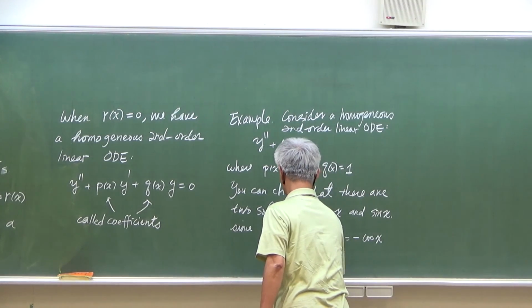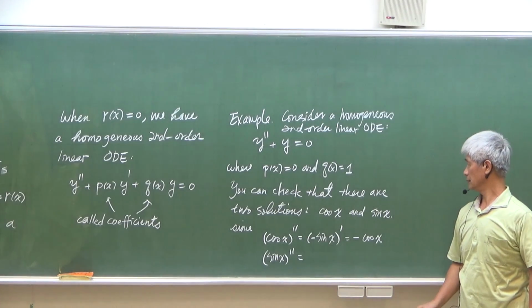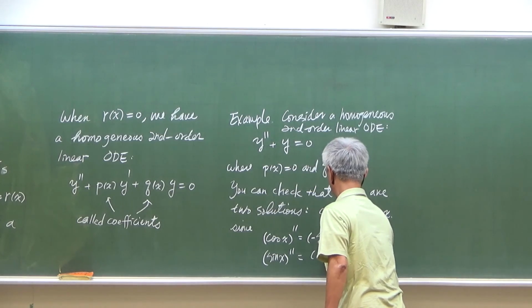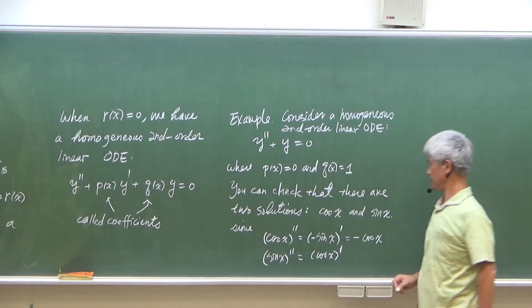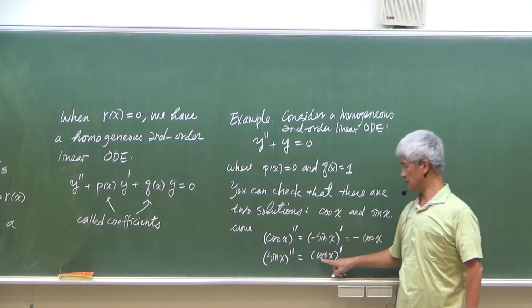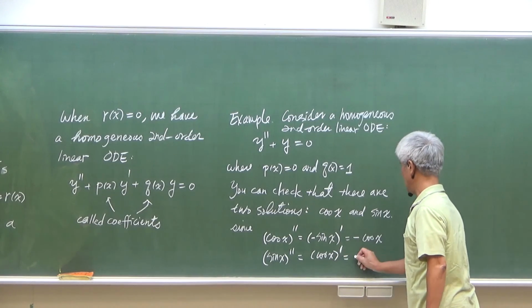Again, the second derivative of sine x is minus sine x, because the first derivative of sine x is cosine x.